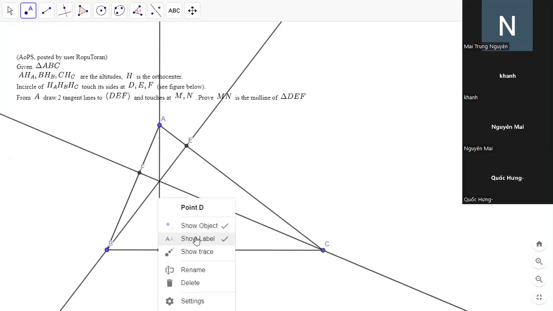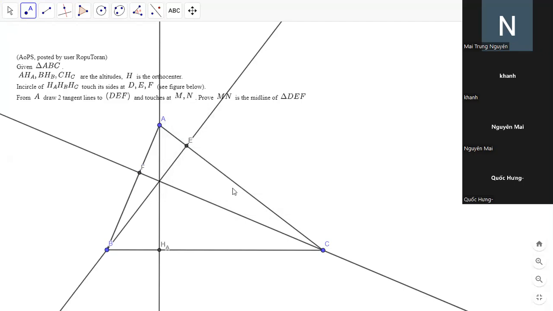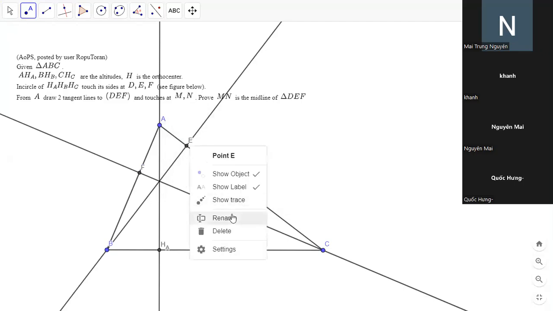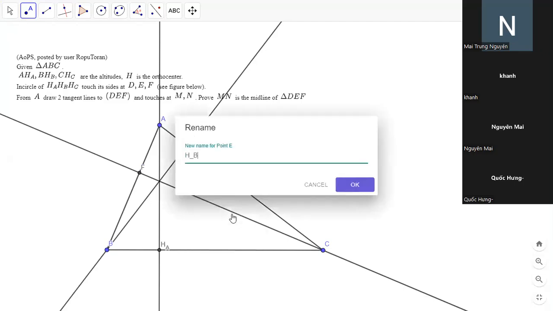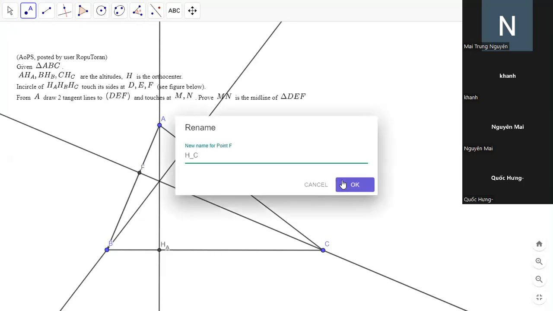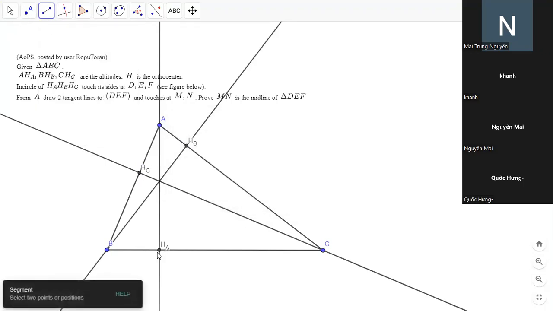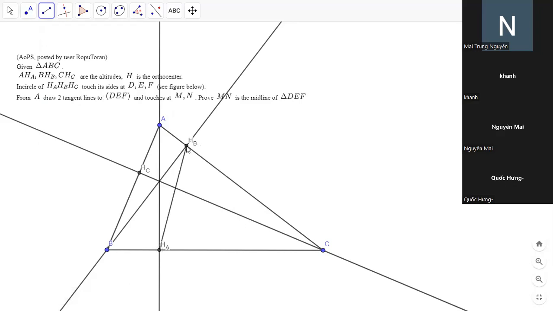So this is HA, and then HB and HC. And then we draw the incircle of that triangle. So let's use GeoGebra.